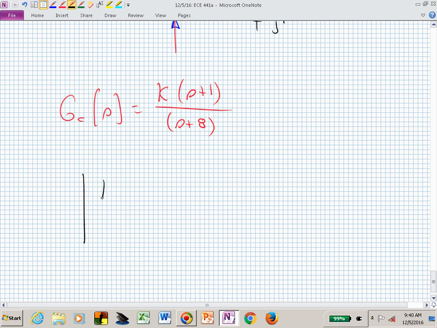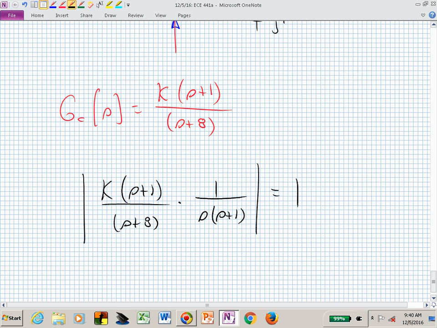We use the magnitude condition, so that we now have our G sub C times our plant. That magnitude has to equal 1, and then we will have our closed loop poles. That will give us this 1 plus K G sub C G equaling 0, which is what we want for our denominator polynomial.